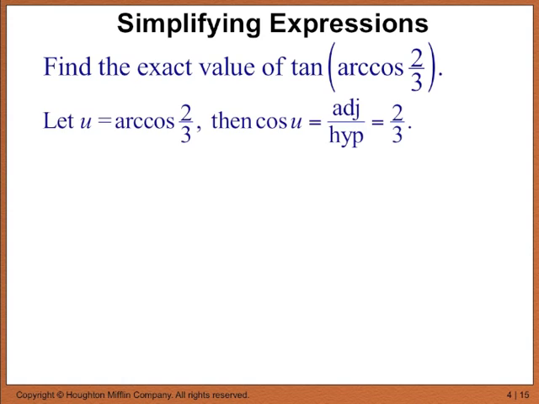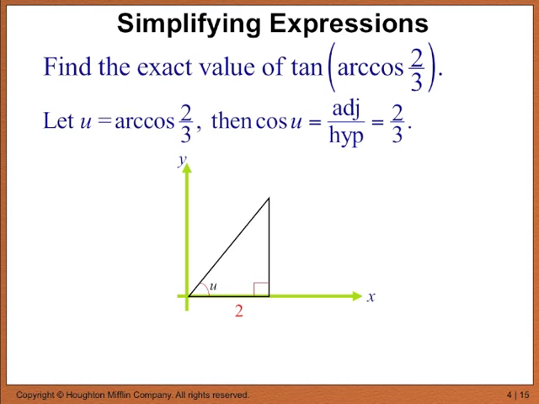Okay, here's what you do. You let u equal arccos 2/3. Now, you don't have to call it u. You could call it x or y or q or whatever. But the point is, without knowing what the angle u equals, you do know that it has a cosine of 2/3.